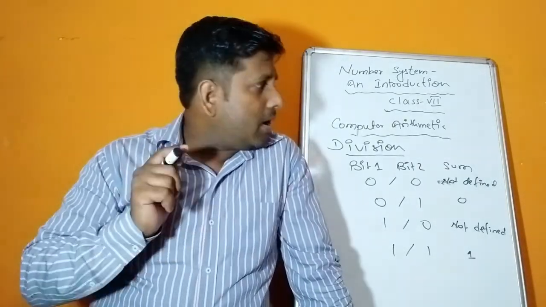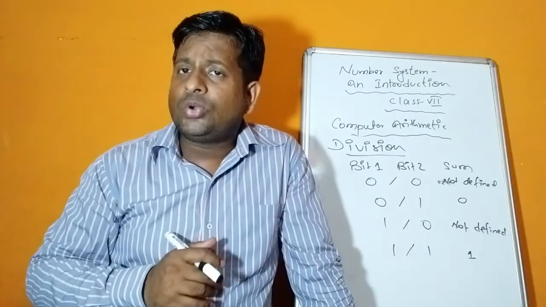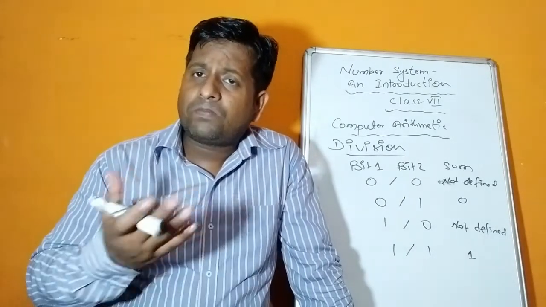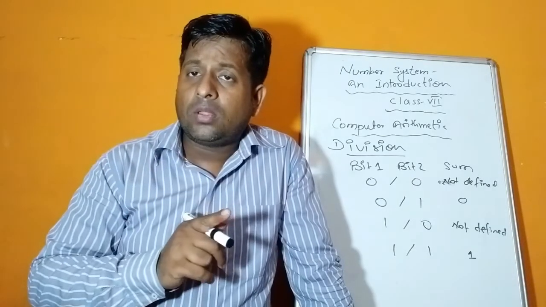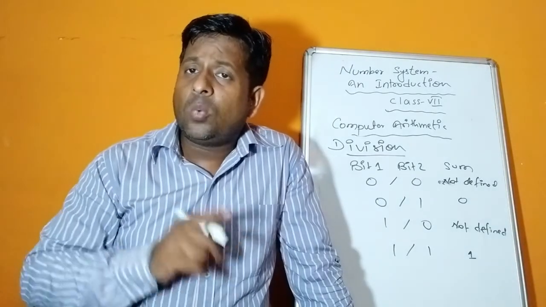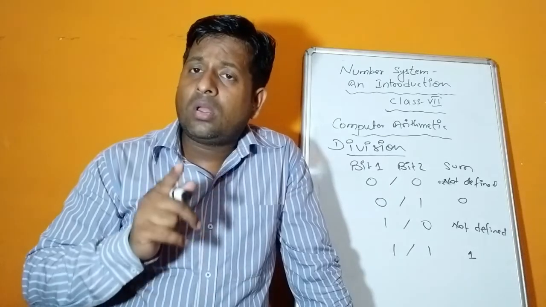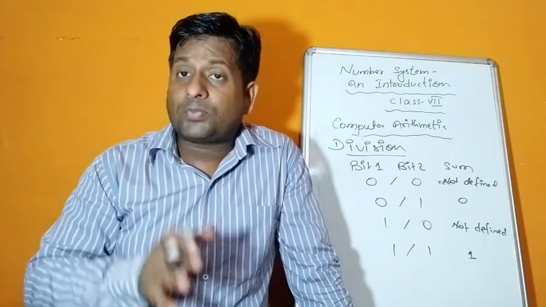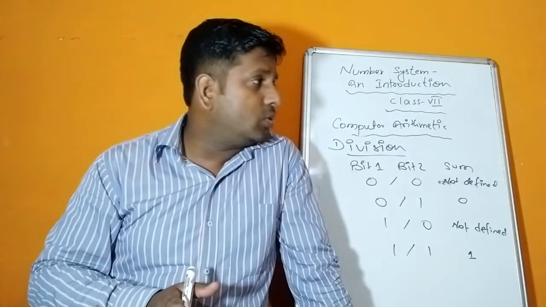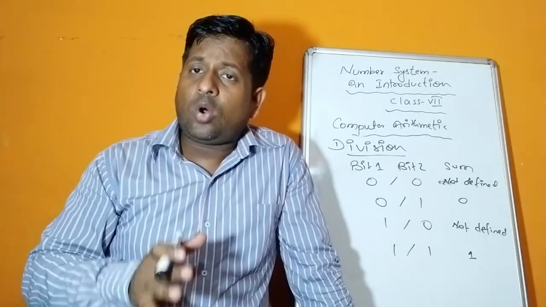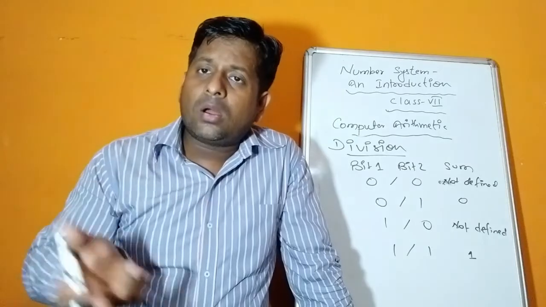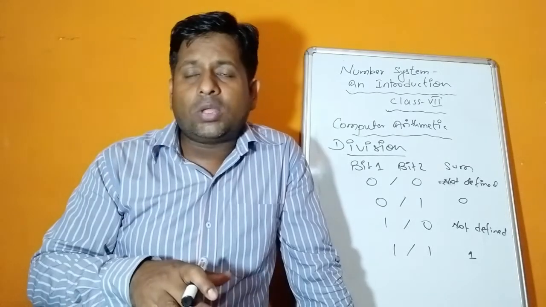So children, this is the end of our chapter 2. I'll be giving the homework exercise, and I expect everyone to do this in your copy. Remember one thing, whatever I'm teaching now is the final. You have to understand, you have to maintain your copy. Only the practical part will be taught when school reopens.